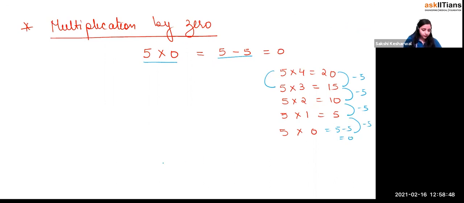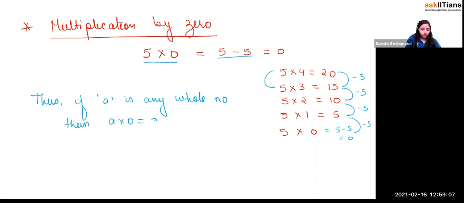So we say that, thus, if A is any whole number, then A into 0 is equal to 0 into A, which is 0. Can I say this is a commutative property also or not?